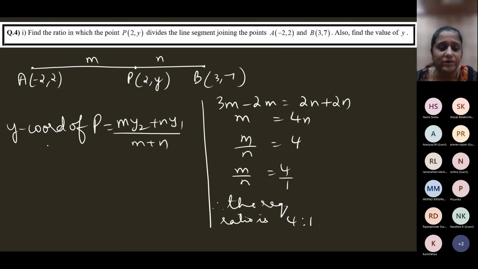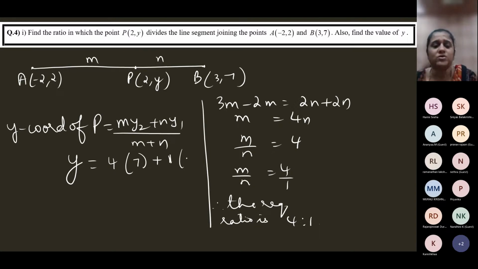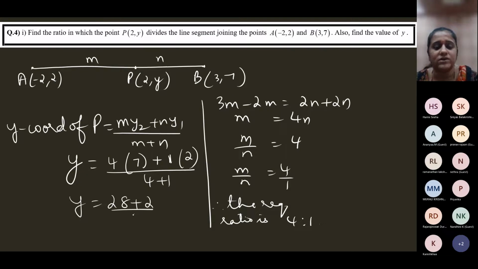So y is equal to m, which is 4, we just found, into y2, 7, plus n, 1, into y1, 2, by m plus n, 4 plus 1. So y is equal to 28 plus 2 by 5. Y is equal to 30 by 5, which is 6. So the value of y is 6.